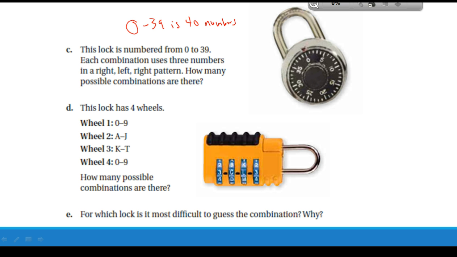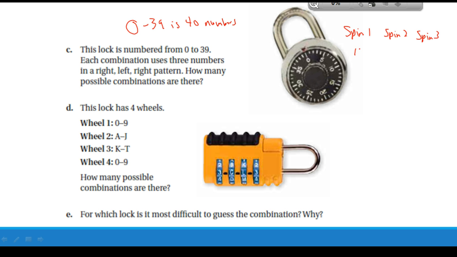And you know, you go right, then left, then right again. So how many possible combinations are there? For the first spin, so there's spin 1, spin 2, and spin 3.